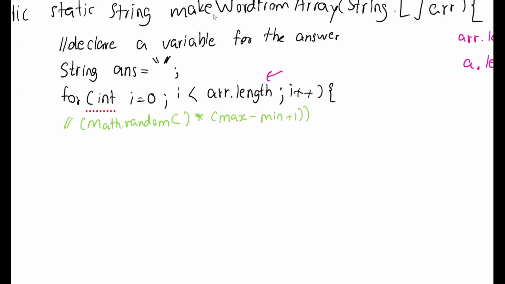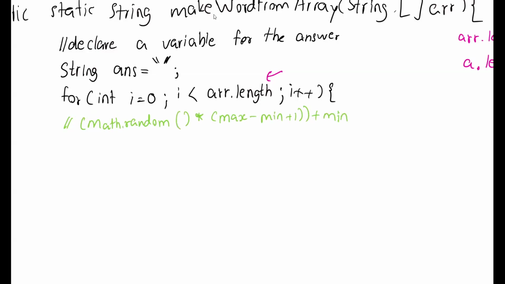And then you add the min. This is the formula to use the random method.